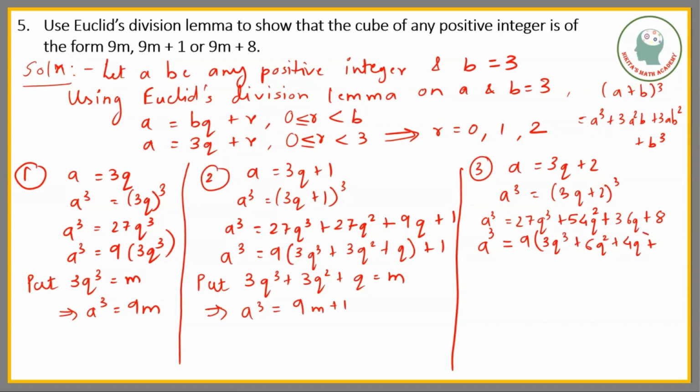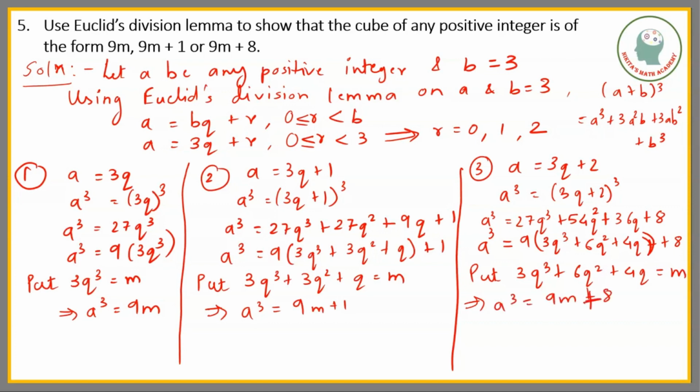Plus, the bracket will be closed and this will be plus 8, right? Now, can you tell me what will be our next step? Very good. We'll put 3q cube plus 6q square plus 4q equals to m. Then we get a cube equals to 9m plus 8.